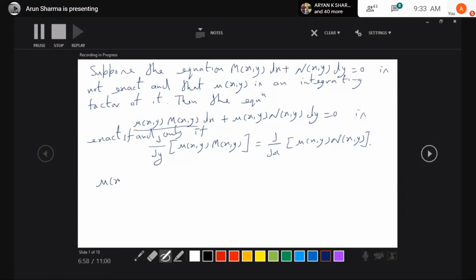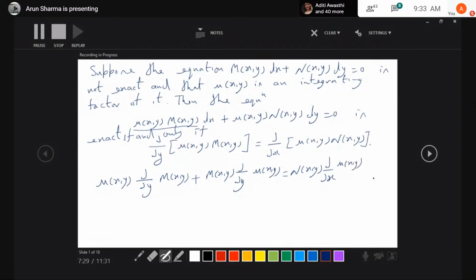So it is mu(x,y) del del y of M(x,y) plus M(x,y) del del y of mu(x,y) equals to del del x of N(x,y) mu(x,y) plus mu(x,y) del del x of N(x,y).